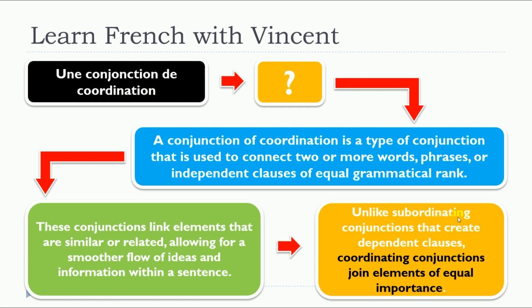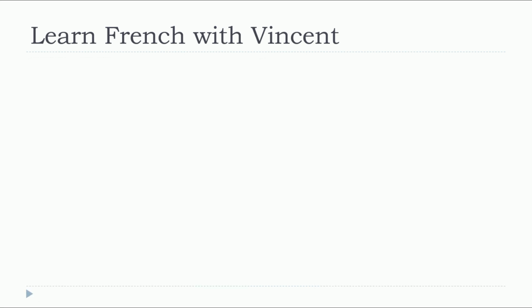Unlike subordinating conjunctions that create dependent clauses, coordinating conjunctions join elements of equal importance. So this is quite important. All the elements that will be connected through these coordinating conjunctions, they will have equal importance in your sentence.